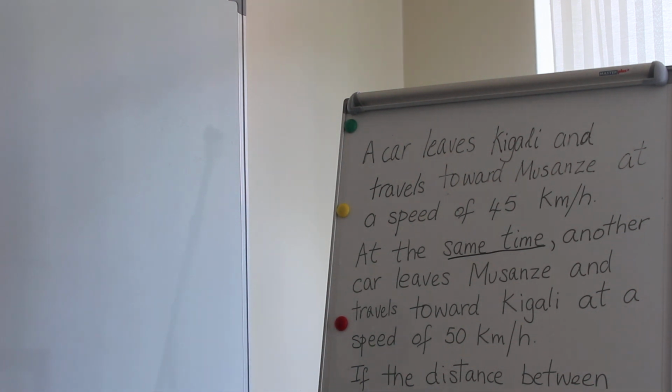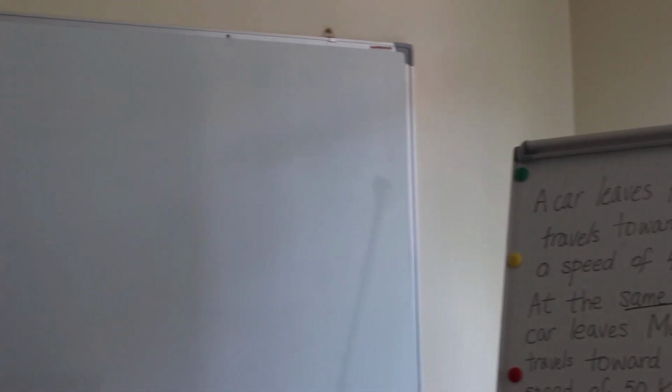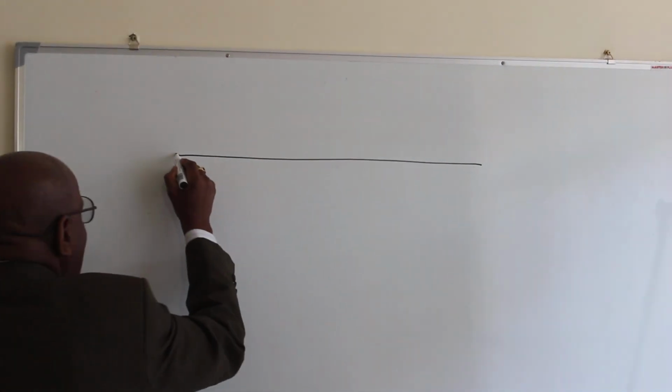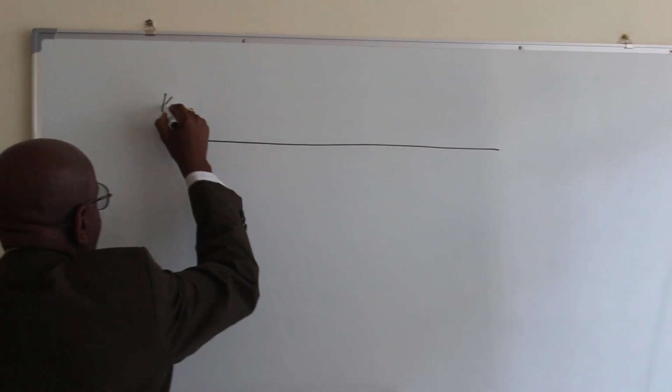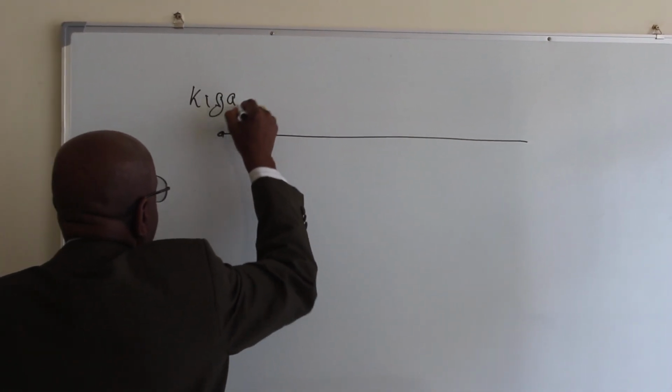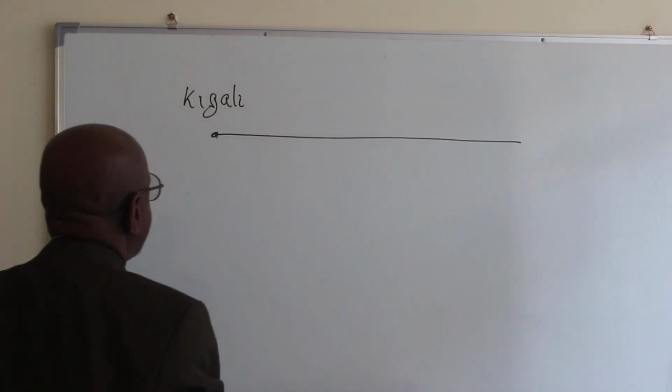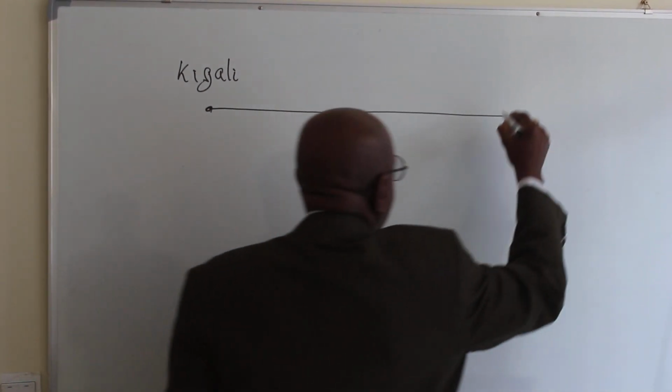So we have a situation where there are two cars. One at Kigali, and the other at Musanze.